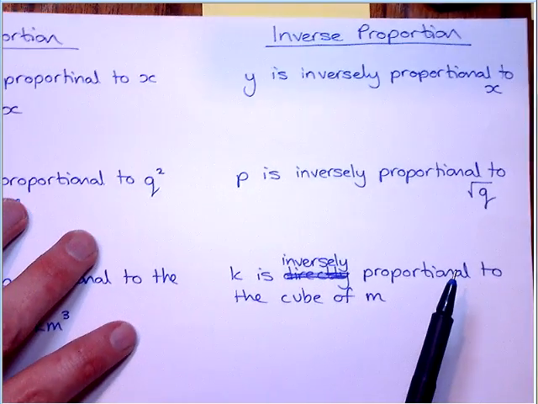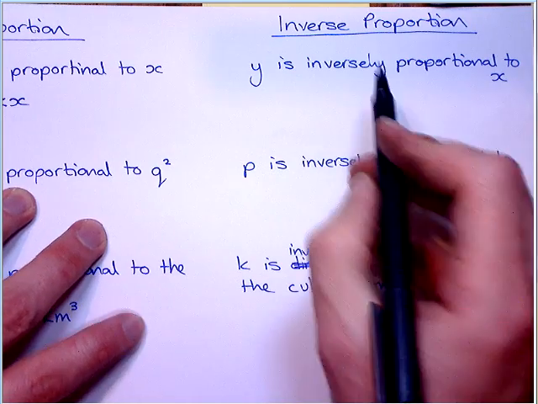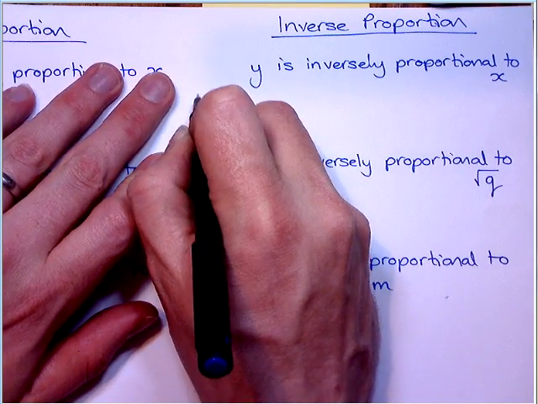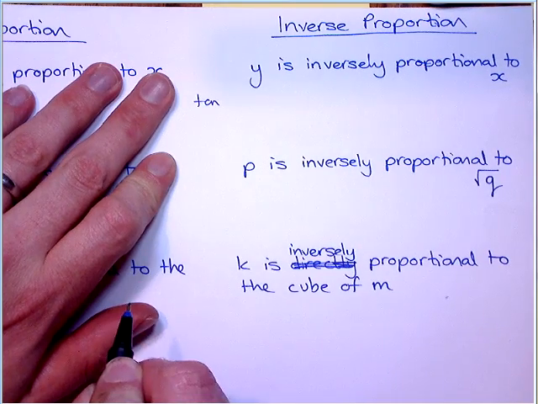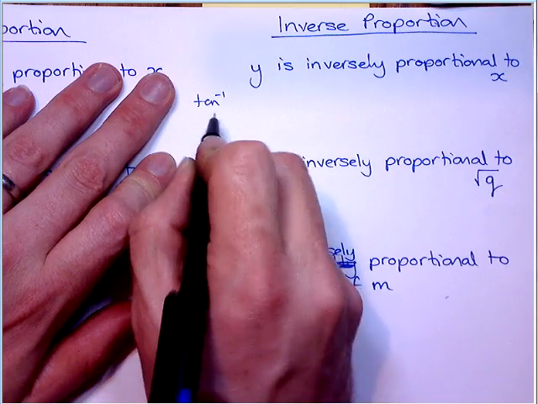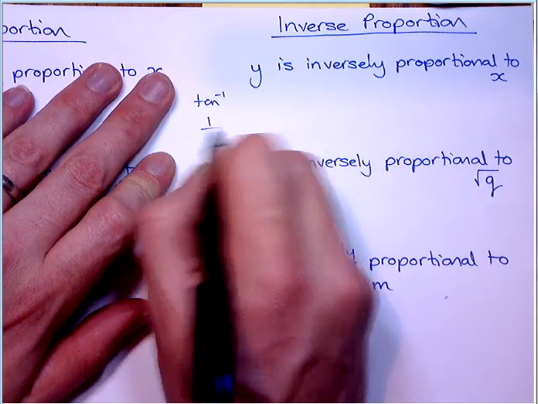Now if it's inverse, this means something slightly different. When you think of inverse proportion, think of, say, tan, and to find the inverse of tan you would do tan to the minus 1, and anything to the minus 1 is normally 1 over something.